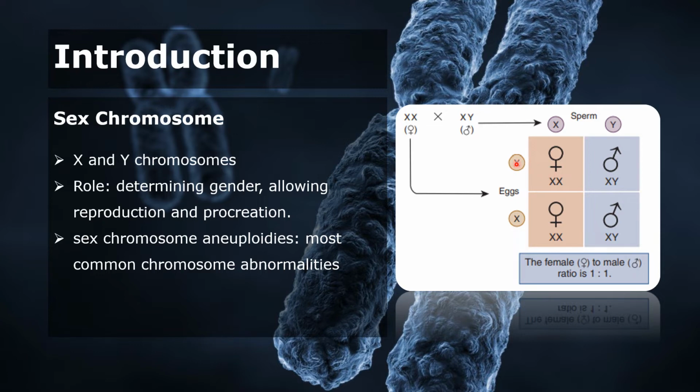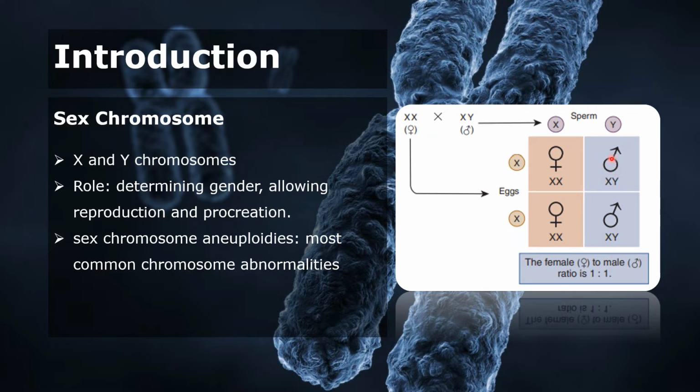the egg cell contains an X chromosome, and the sperm cell contains either an X chromosome or a Y chromosome. So during fertilization, an X-bearing egg fertilized by an X-bearing sperm results in an XX female child, and fertilization by a Y-bearing sperm of the X-bearing egg will develop a male, or an XY child.